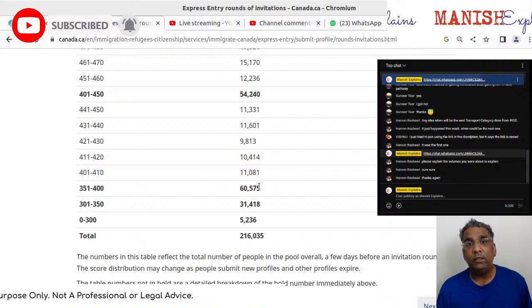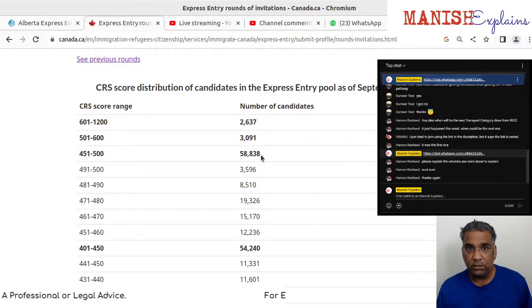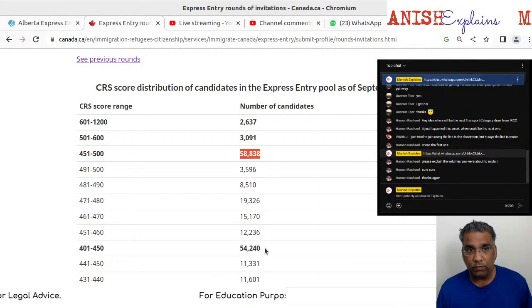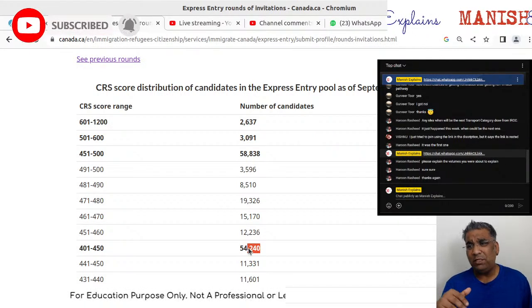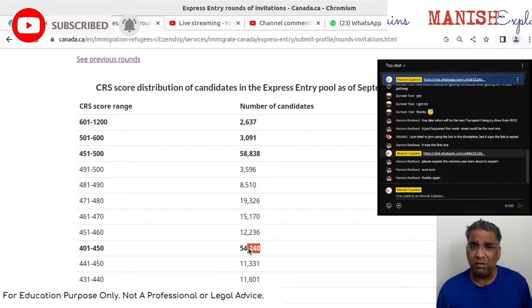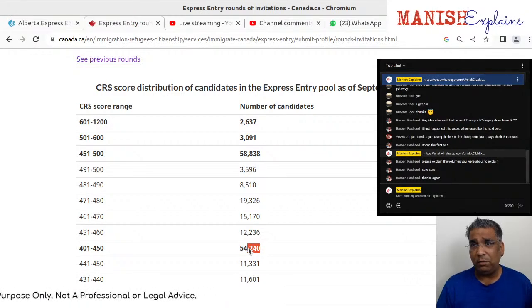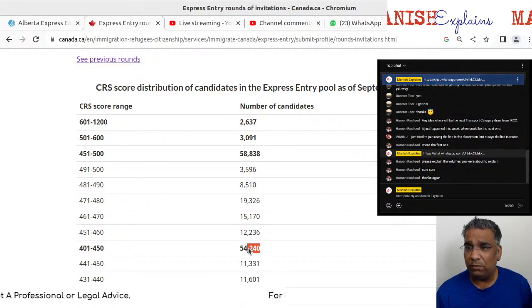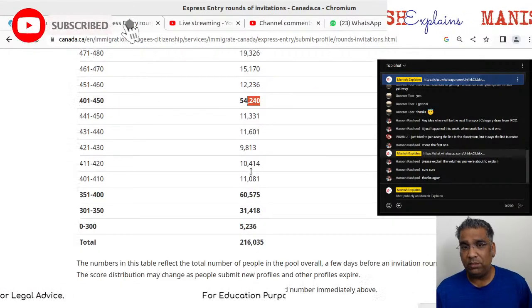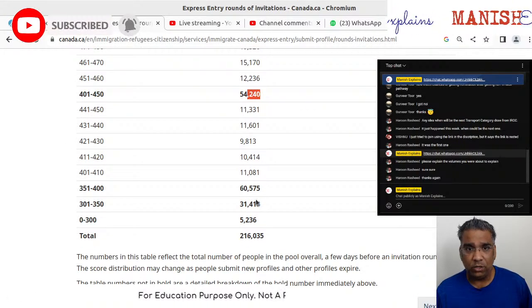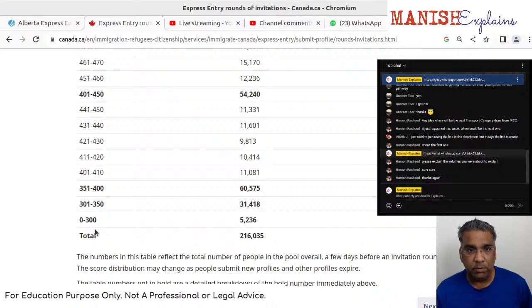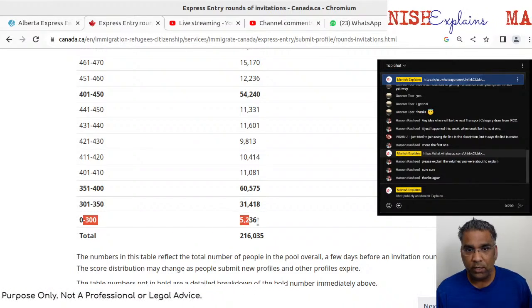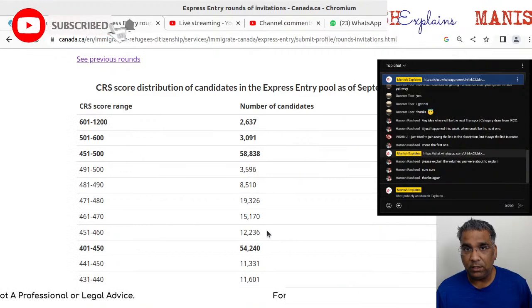The next biggest pool is 451 to 500. But understand that this also changes based on your years of experience and your birthday. The score keeps going up and down, so the numbers can fluctuate. But this just gives an idea about where most of the people are. Like 0 to 300, there are almost 5,000 people. That's the least.